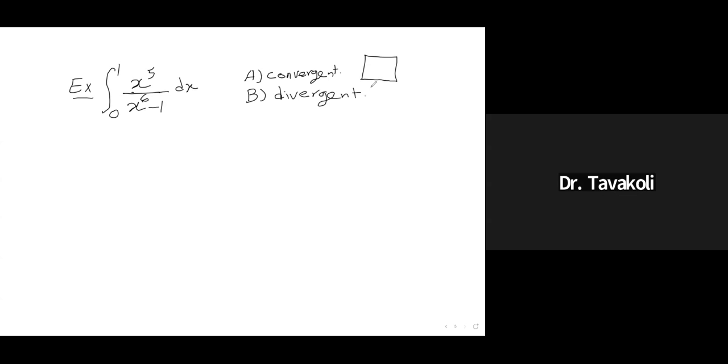For the divergent case, I don't need to enter anything here, unless the question says that if it is divergent, is it plus infinity or minus infinity, something like this. But if it doesn't specify that, if it turned out to be divergent, we just choose B. If it turned out to be convergent, we need to choose A, and also we need to enter a number inside that box.